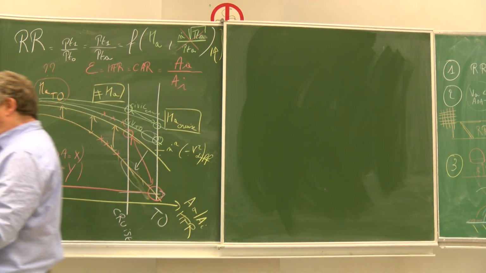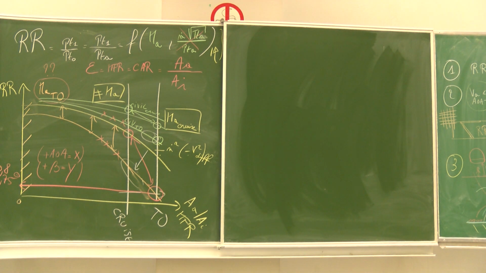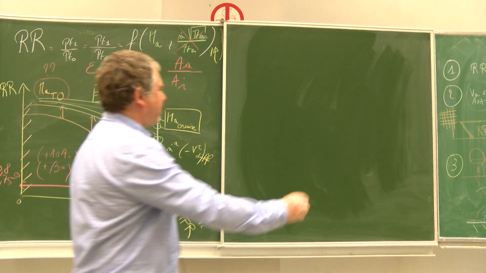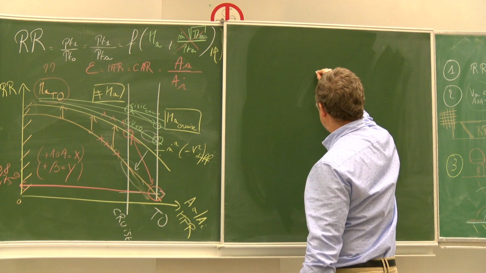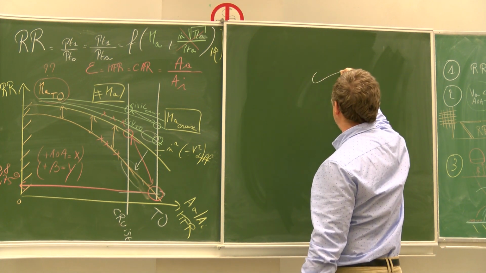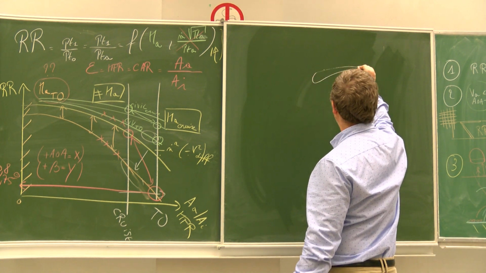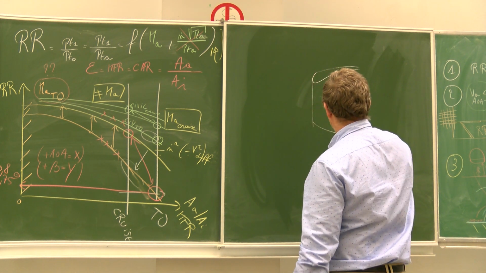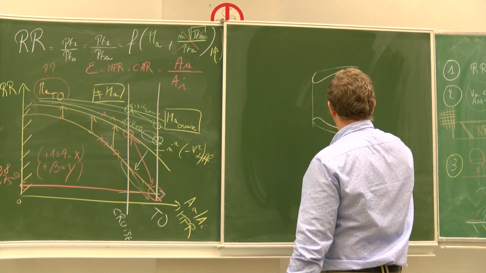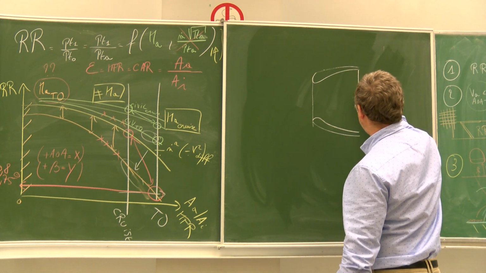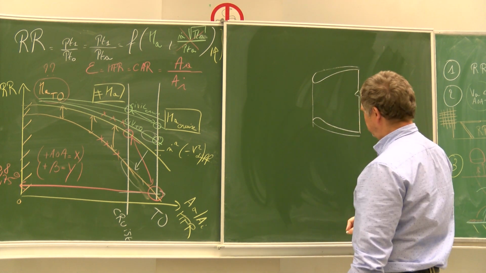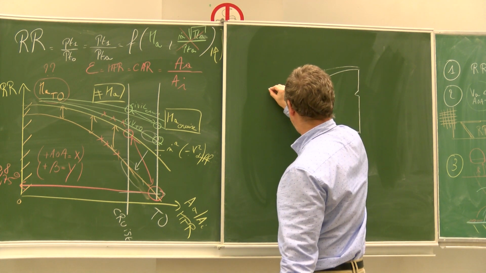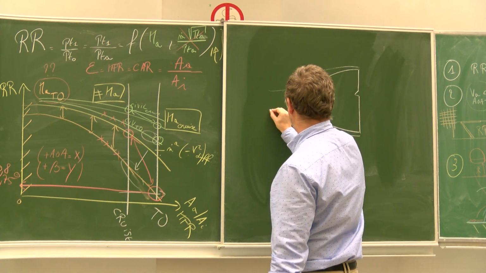If you look at everything that we have discussed about the intake, I take a civil intake, a short, symmetric one, with A1 here, and I take the cruise conditions.